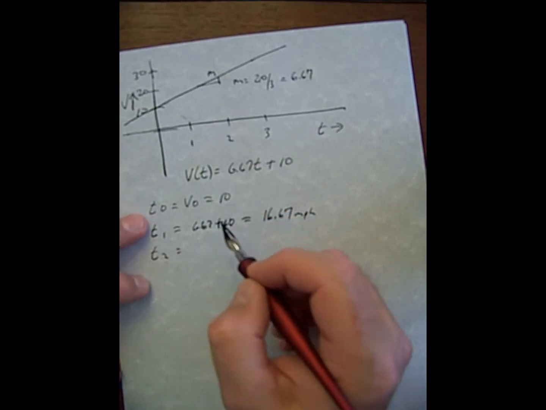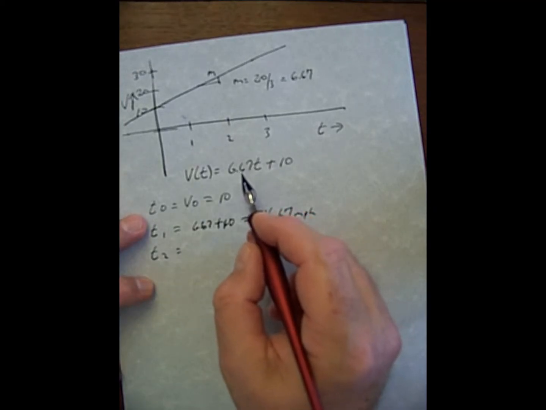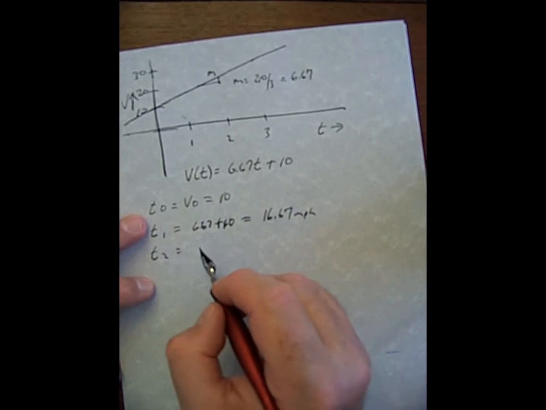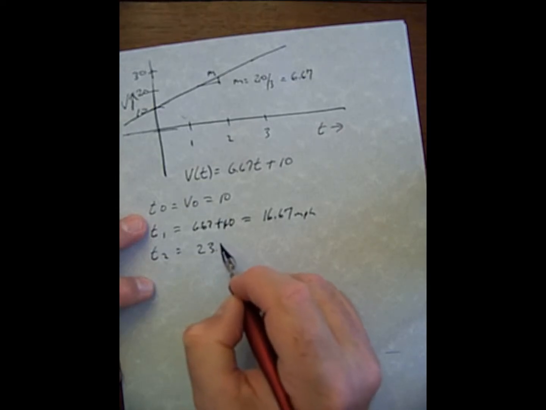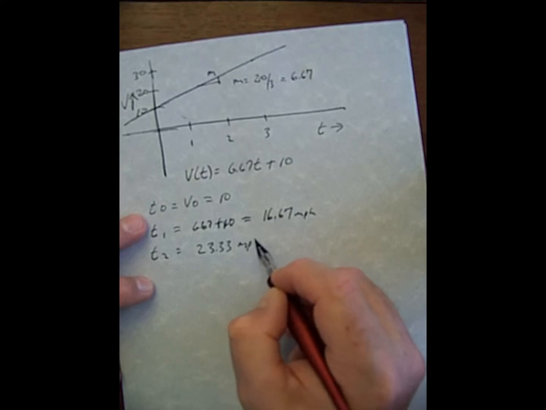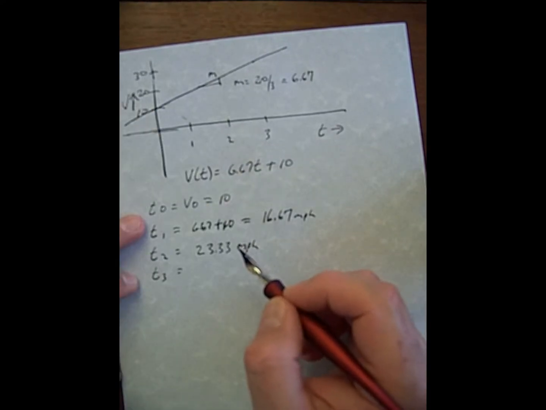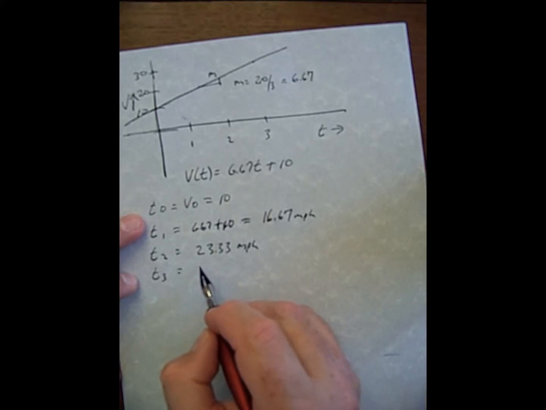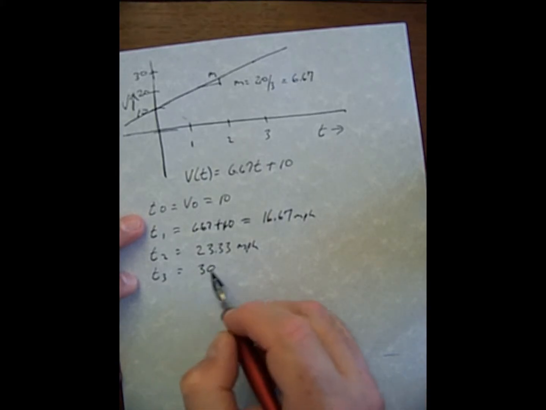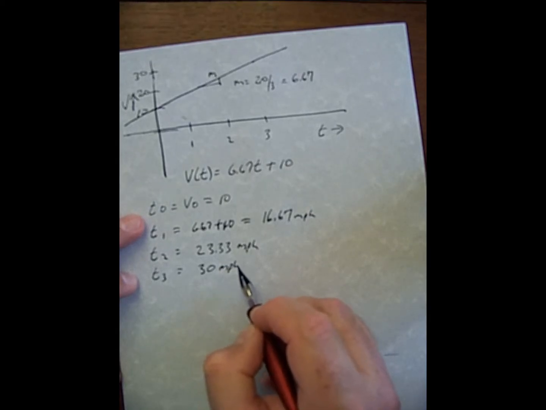At hour 2, our velocity is 2 times this, plus 10, which comes out to 23.33 miles per hour. At t3, we get a nice even 30 miles per hour.